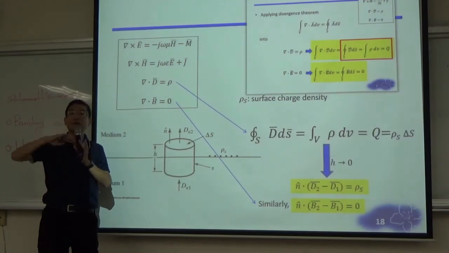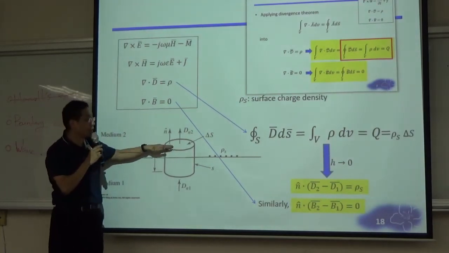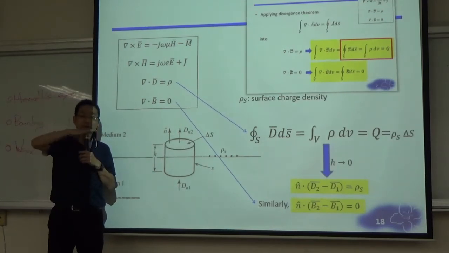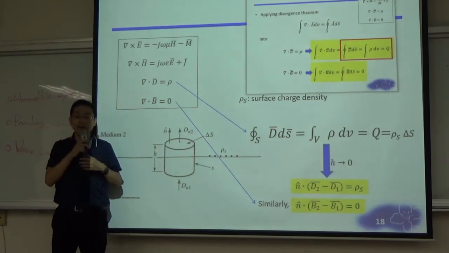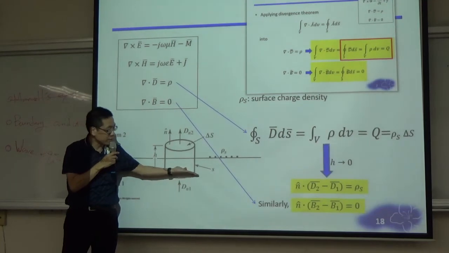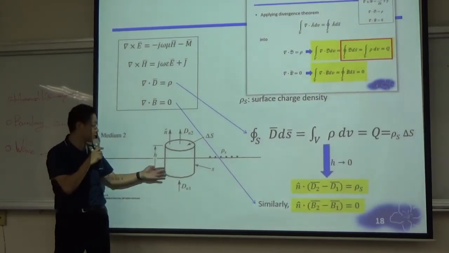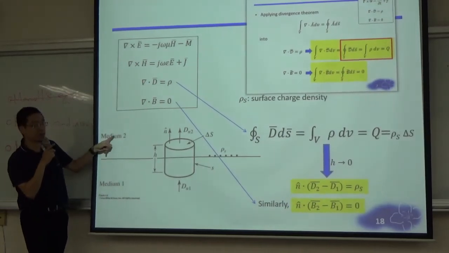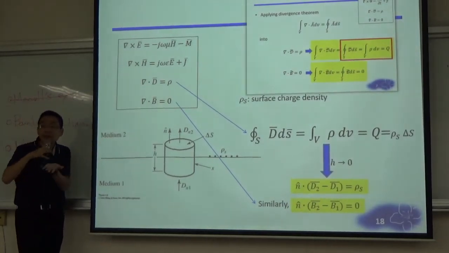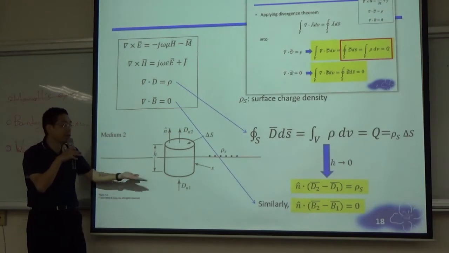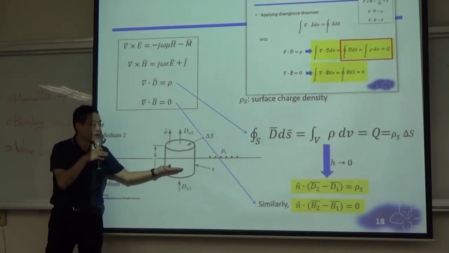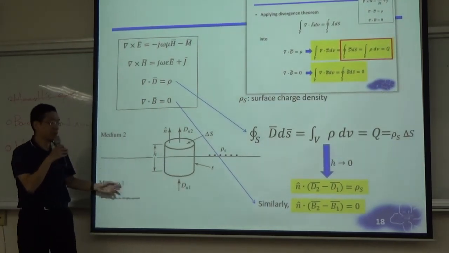So how do we do this? We integrate the face surface, and another face surface on the bottom, for the first media. This is the media 1 and this is the media 2. We make the bottom surface in the first medium.